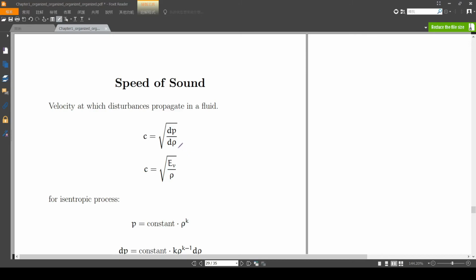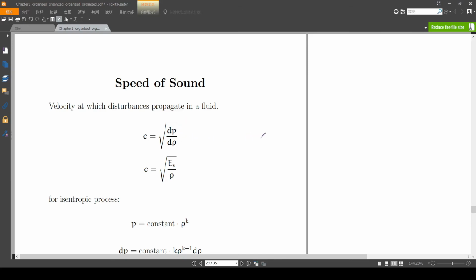And so the definition here is for the speed of the sound. C is equal to the square root of the differential change in pressure over the differential change in density. It's a small change in the pressure and density.